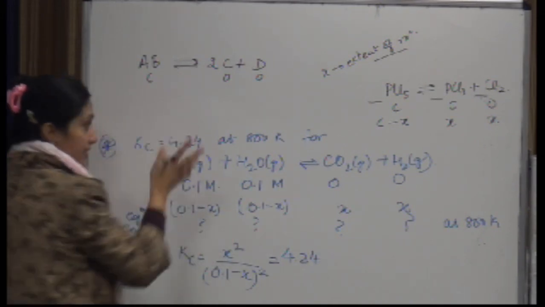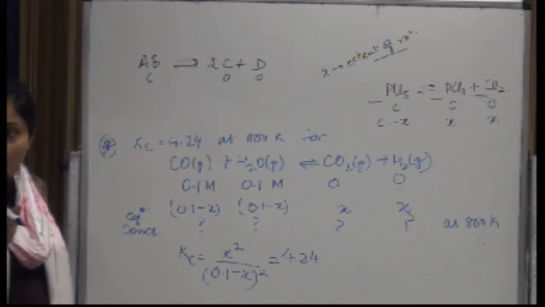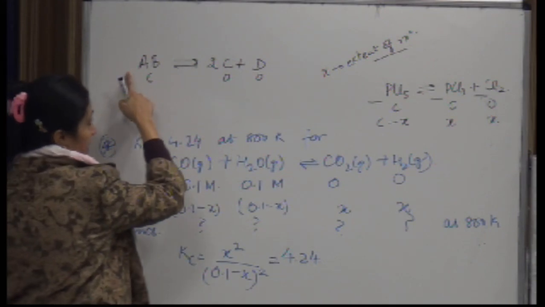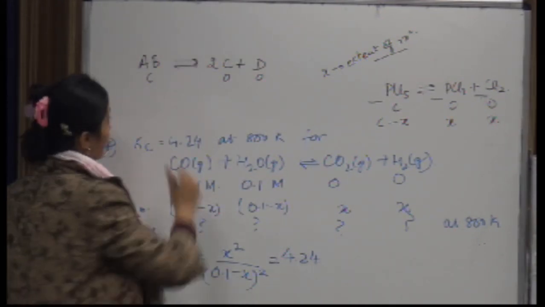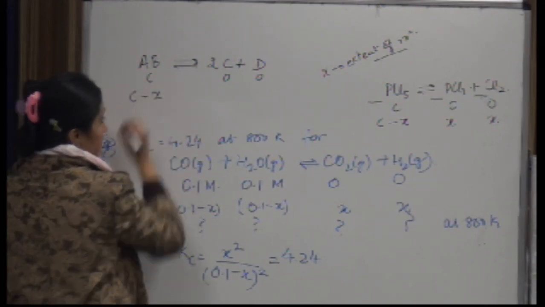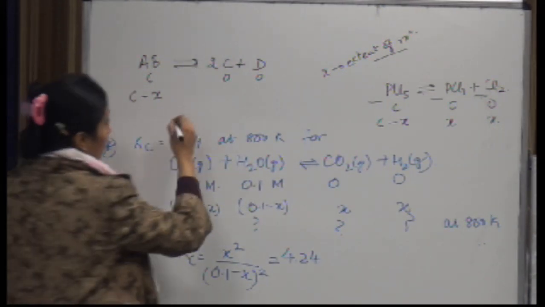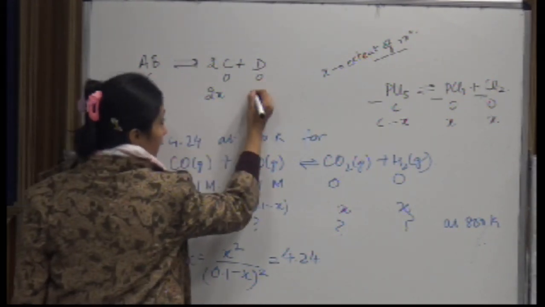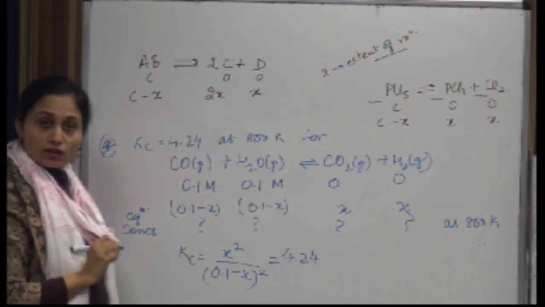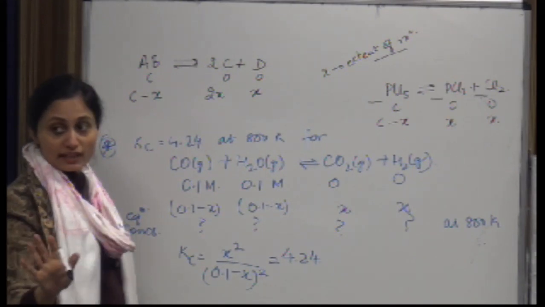Now understand the equation according to the mole concept. 1 mole of AB is giving you 2 moles of C and 1 mole of D. So इसका मतलब अगर इसमें से मैं x moles reduce कर लूँगी तो I will get 2x moles of C and x mole of D. Got it? So be very clear about it.